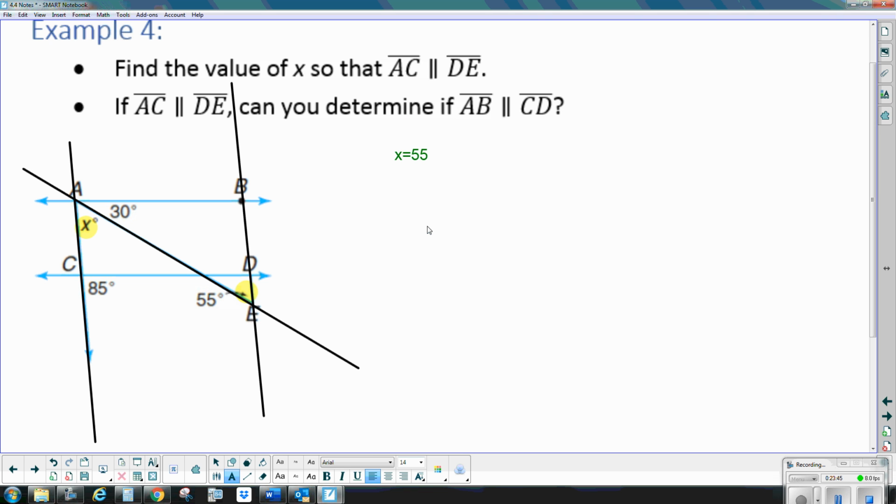Okay, then the second question is, if AC is parallel to DE, can you determine if AB is parallel to CD? Okay, so let's just write in some things that we know. So assuming that AC and DE are parallel, we know that this angle right here is 55. This angle right here is given.